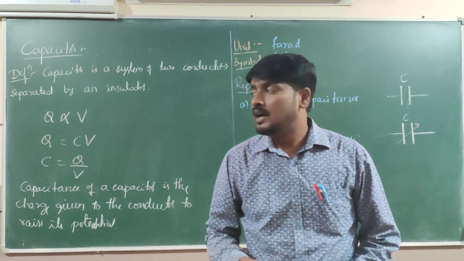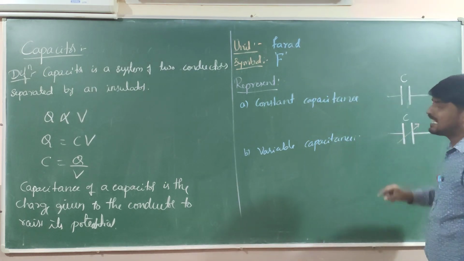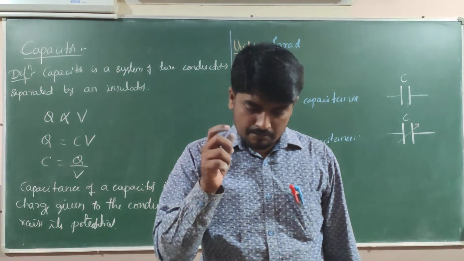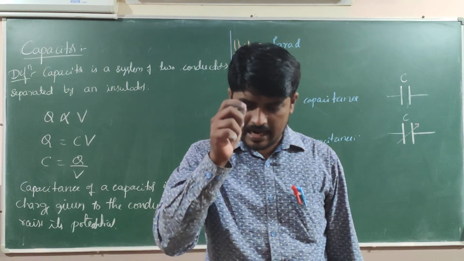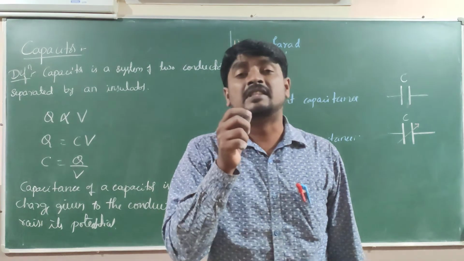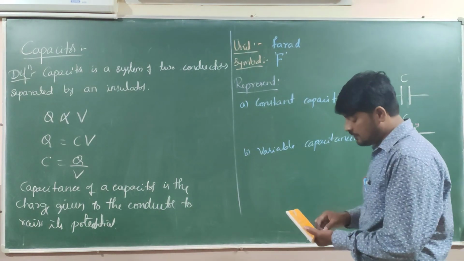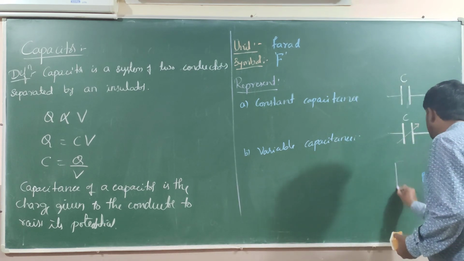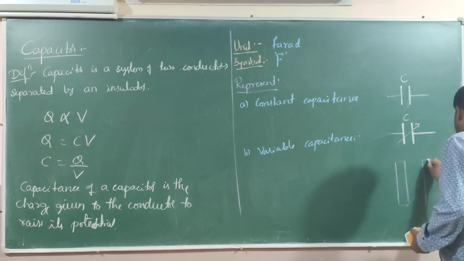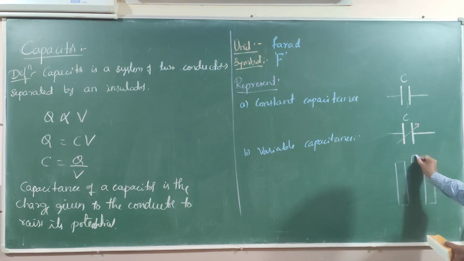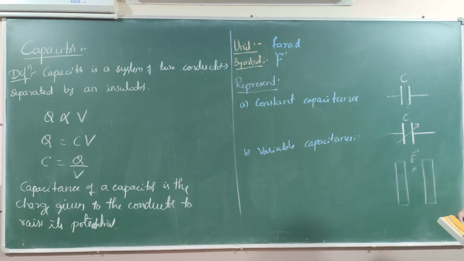The next one is, as I said, between these two conductors there is an electric field. The maximum electric field that the medium can withstand without breaking. If I draw the capacitor here, with the field like this, here K is the dielectric constant and E is the electric field.